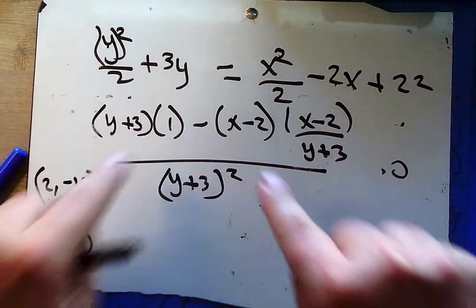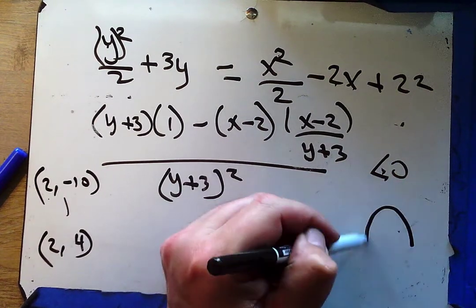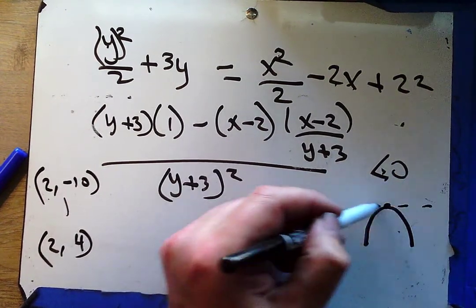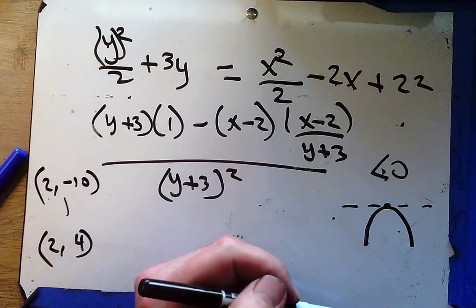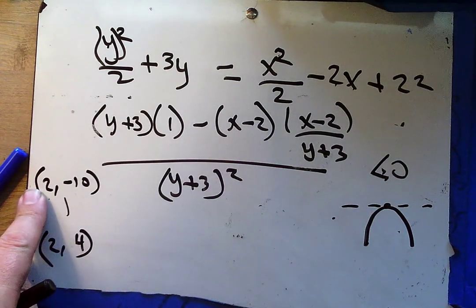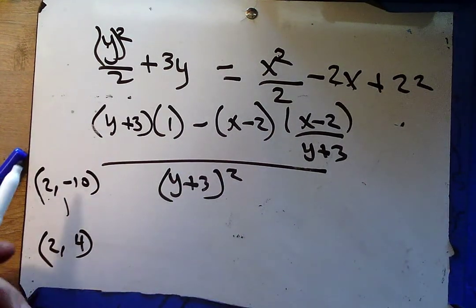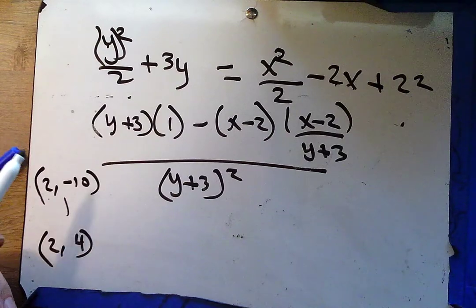If this second derivative is less than 0, we know concave down, and we know we have a max. So we want to find out when we plug in this ordered pair, do I get a positive number or a negative number? I really don't care what the number is. I just want to know if it's positive or negative.